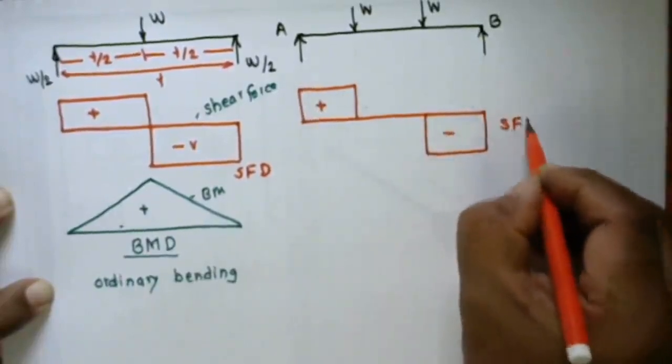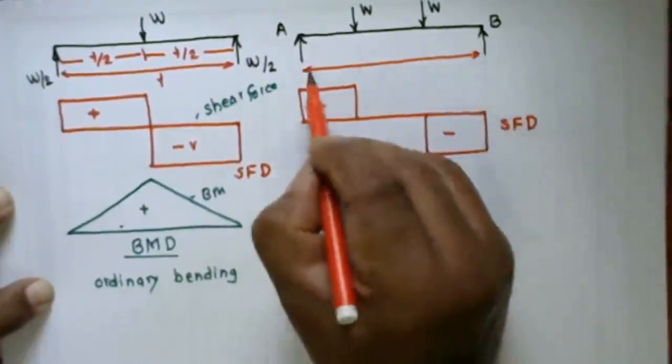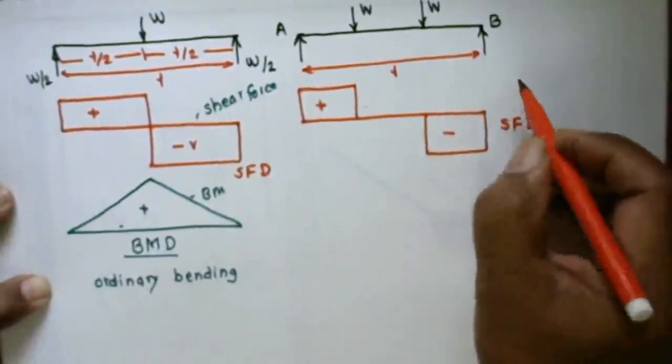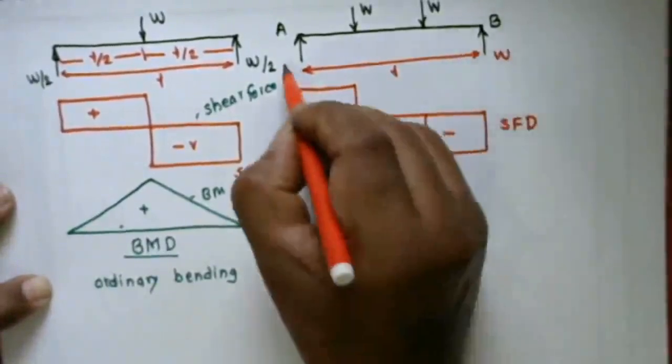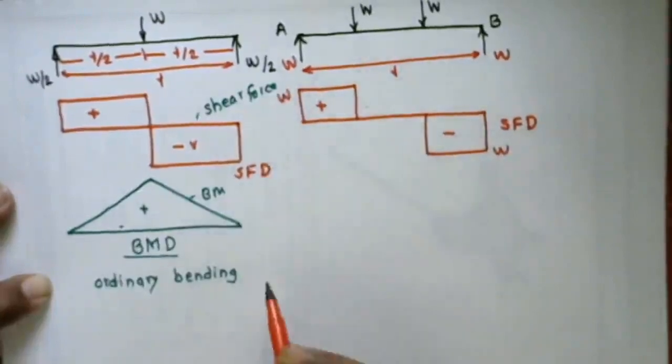So this is the complete SFD over the length L. Here the load is W and this also is a load W.